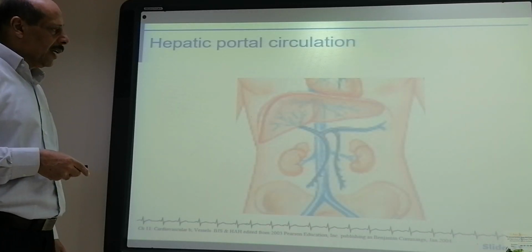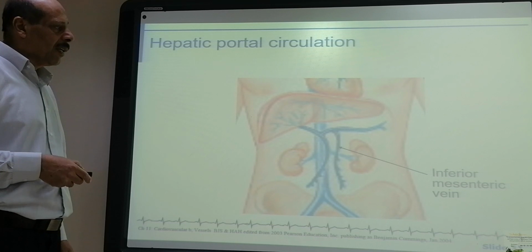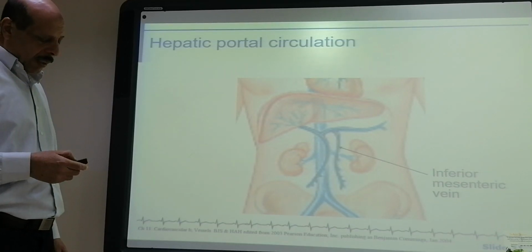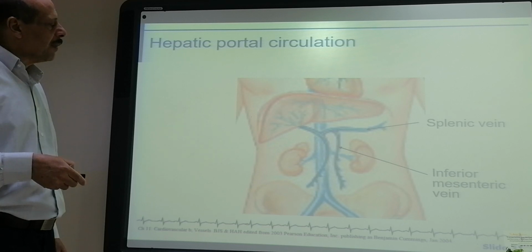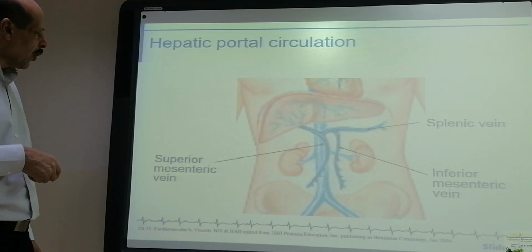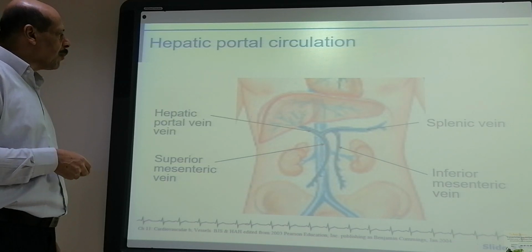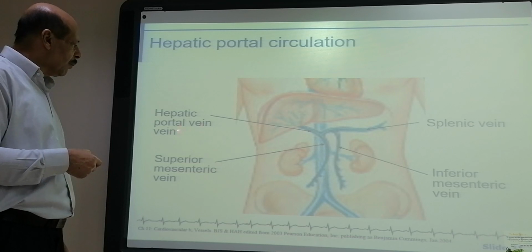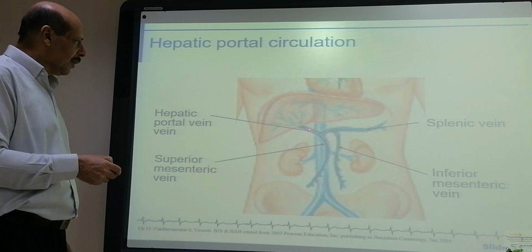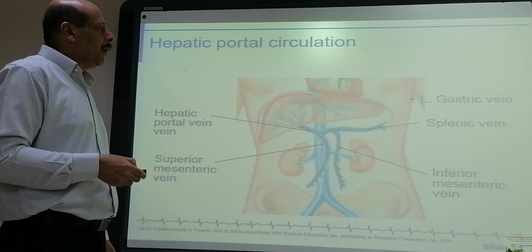The other is the hepatic portal circulation, and for the venous return, this is the inferior mesenteric vein. This is the splenic vein, and here the superior mesenteric vein. They join to form the hepatic portal vein.